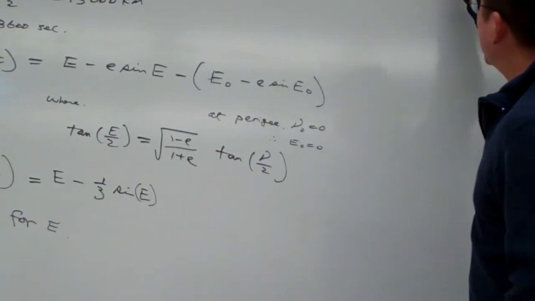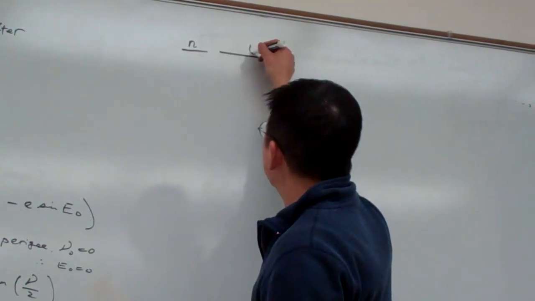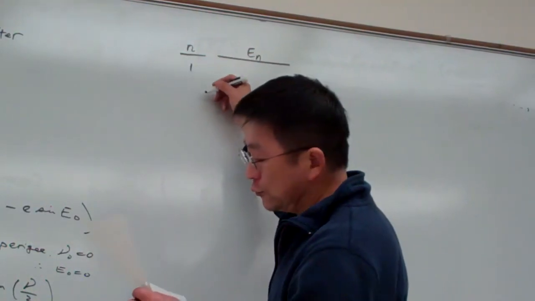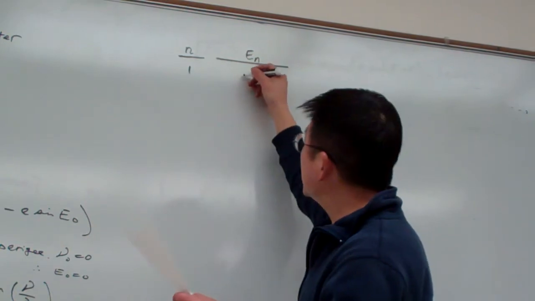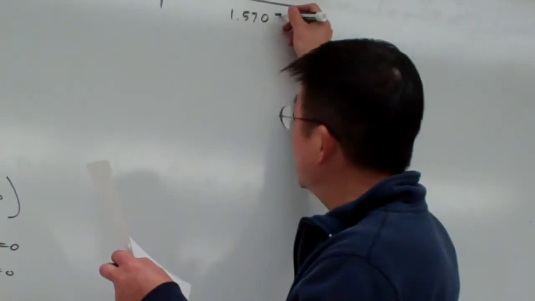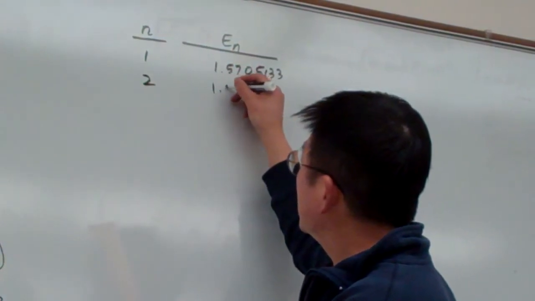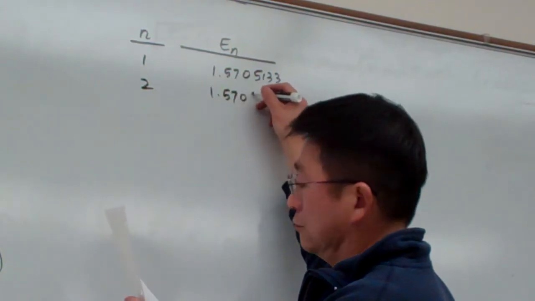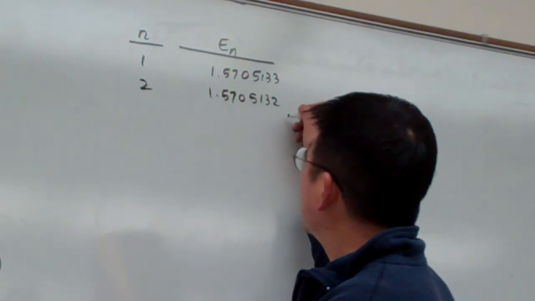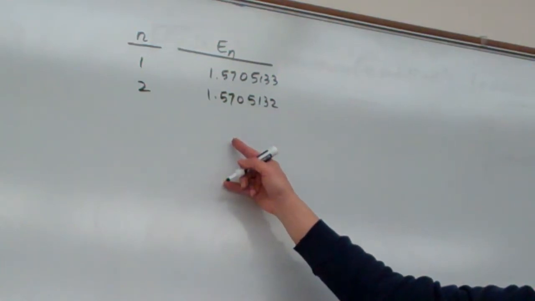So here is a result. Let me list it. So n equal to 1, that's the first iteration, E equal to 1.5705133. And when n equal to 2, that's it, then my program stops at the second iteration.